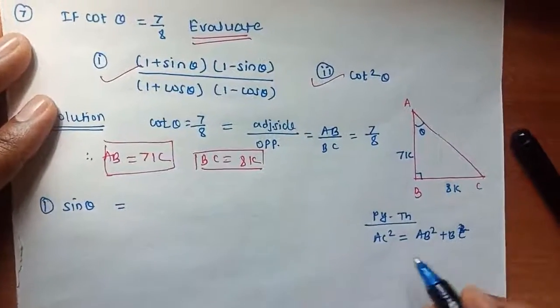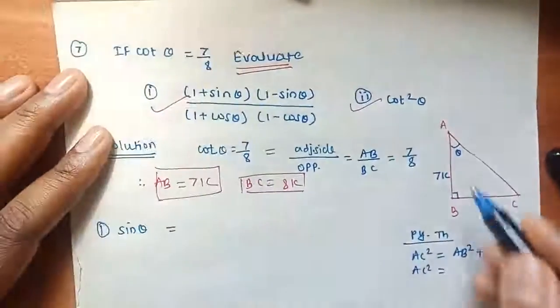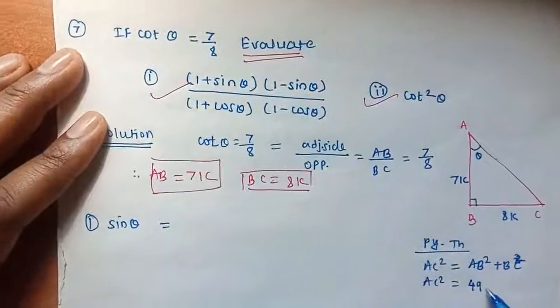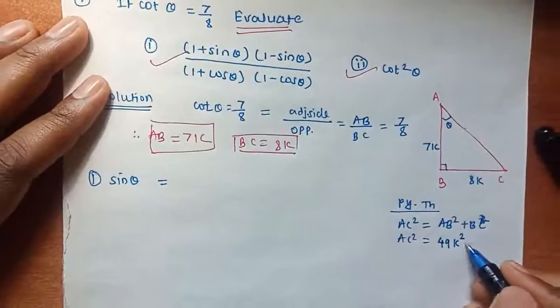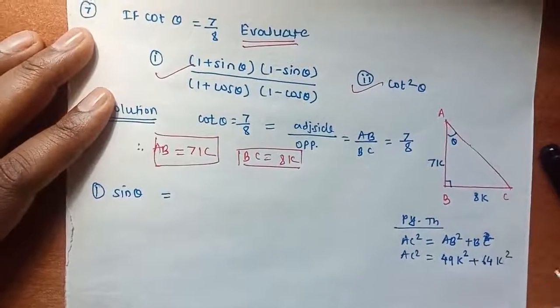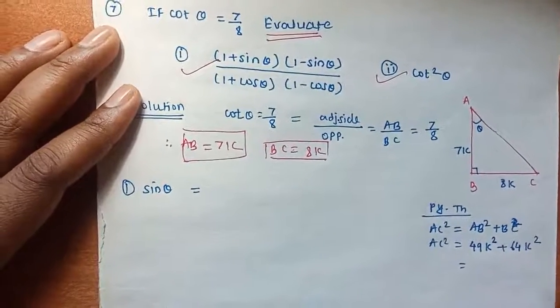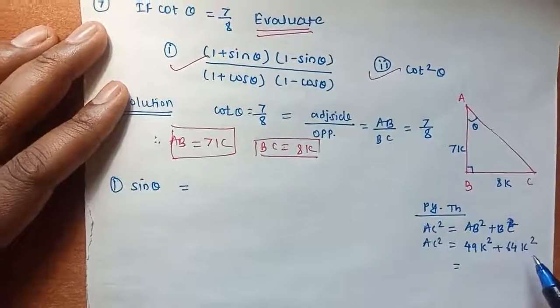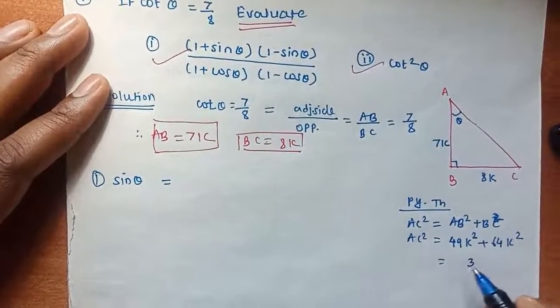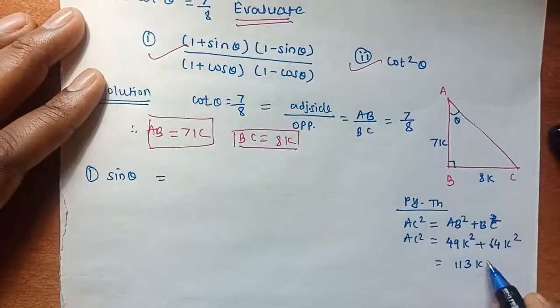So now AC square will be as it is. AB is 7K. 7K whole square will be 7 square is 49 and K square, plus BC square. 8 square is 64 and K square. So if I add 49K square plus 64K square, 49 plus 64 is 113K square.